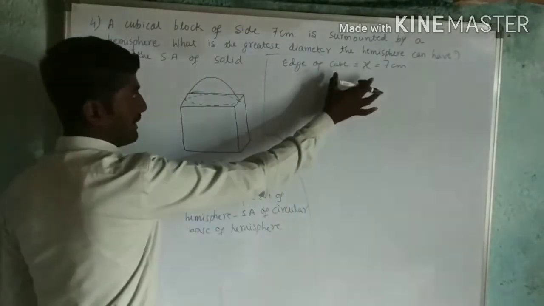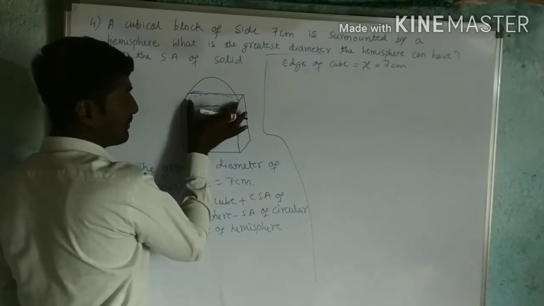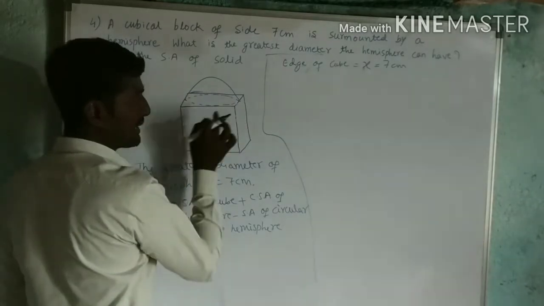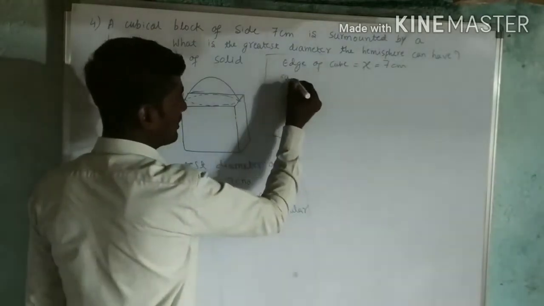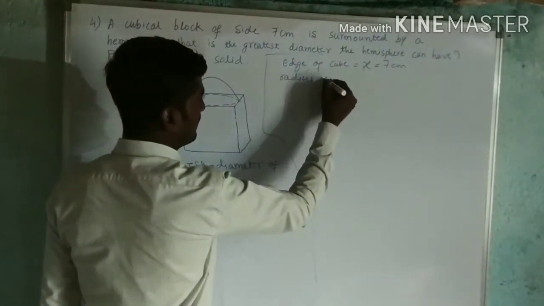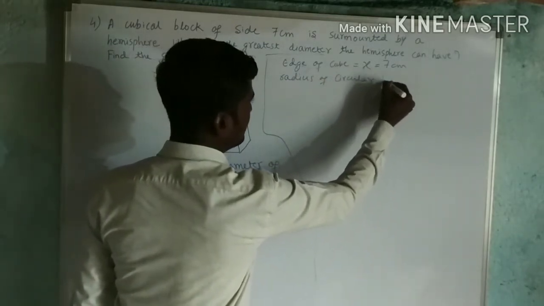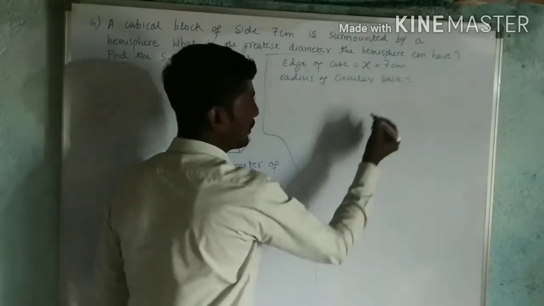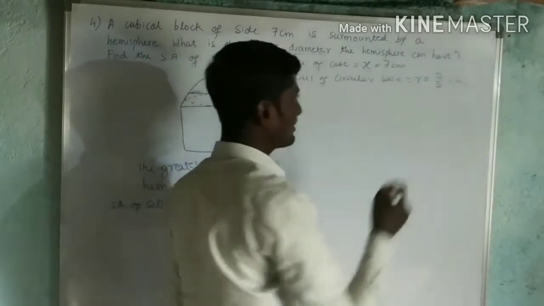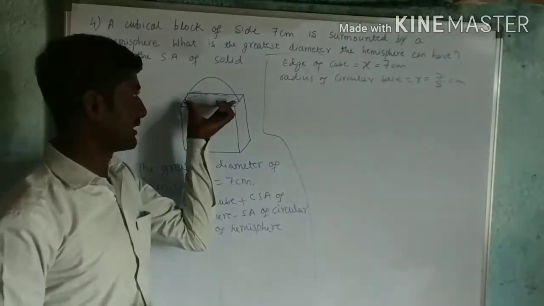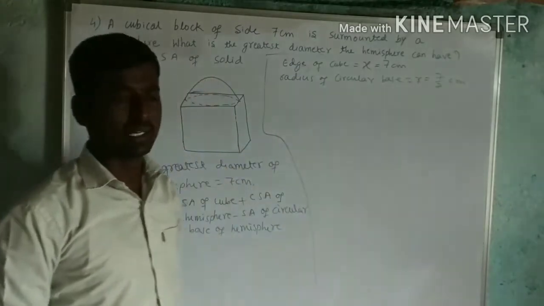Now, the edge of the cube is 7 centimeter, then the diameter of the circular base of the hemisphere is also 7 centimeter. Now the radius of the circular base of the hemisphere is R, equal to 7 divided by 2 centimeter, because the diameter of the circular base is 7 centimeter.